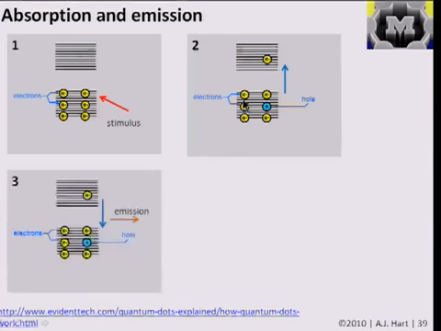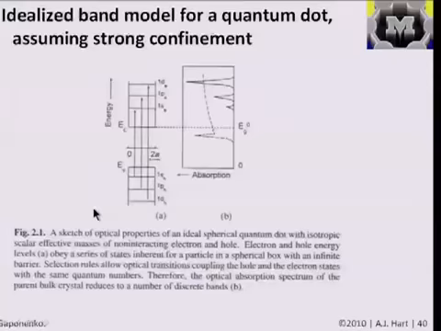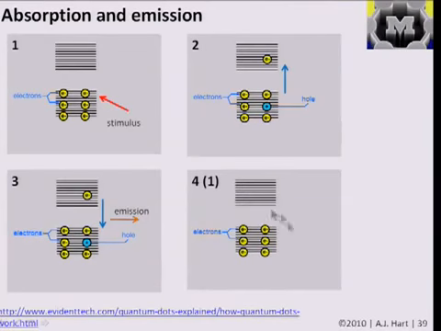And then when the electron decays, it's going to emit a photon with energy that is equal to the band gap of the material, and then you're going to revert back to the original state we had at the start.